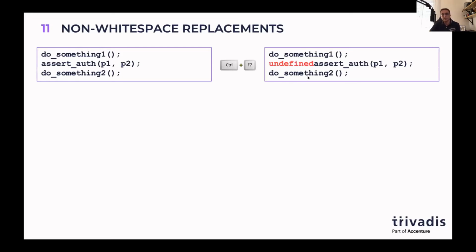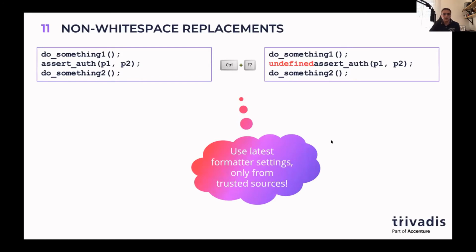And the result was something like that. And this of course breaks your code as well. So you should use our latest settings. And of course, you should use it only from trusted sources, because something like this can also change your code into something which works, but does not do what it did originally. So be aware of that too.